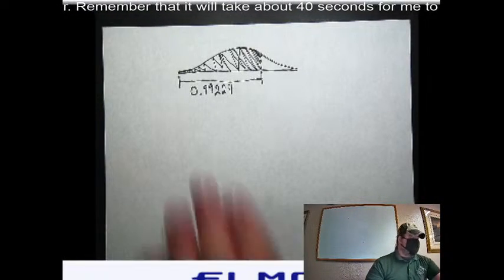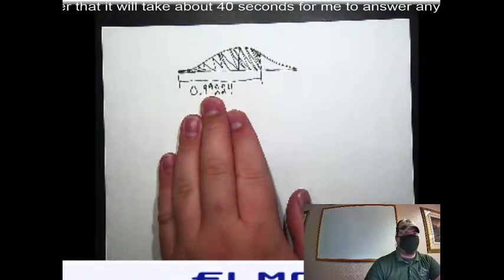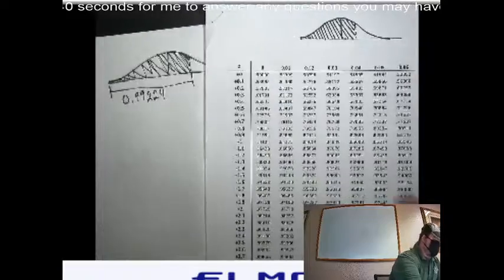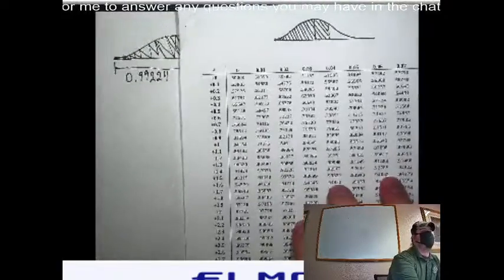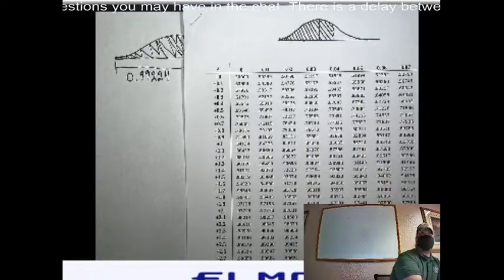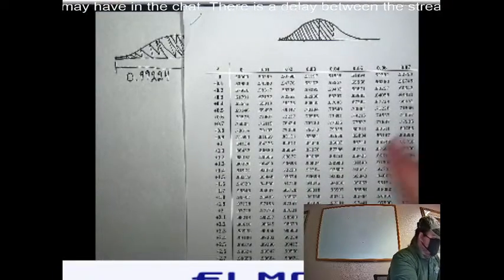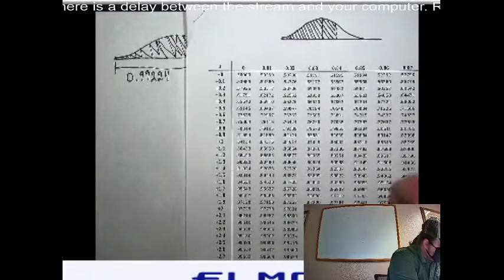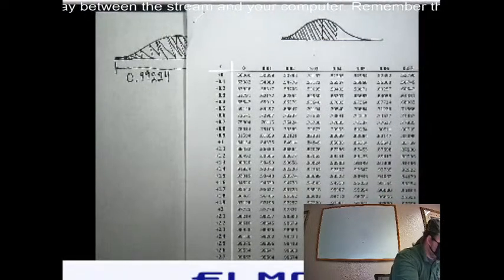So let's see. This is a really, really big probability, so it's probably going to be a positive value. So we need to find this probability somewhere in this chart. Okay? So let's see here. We have 0.99, so we need to find where we have 99. And we've got some 99s around here. And then 224.